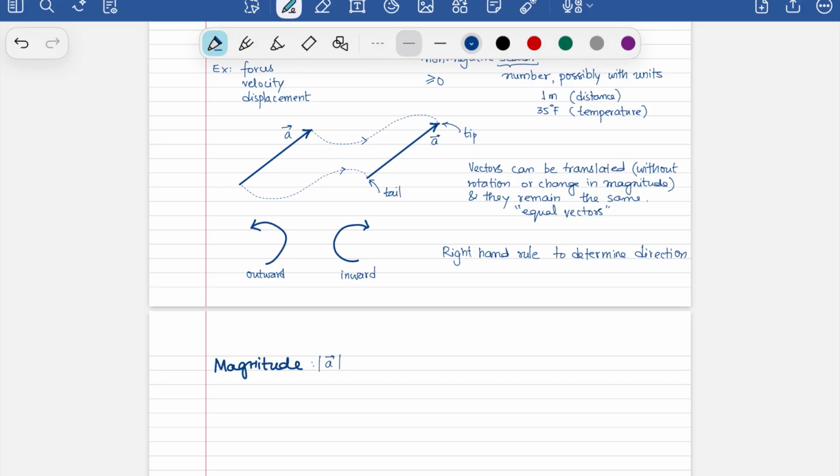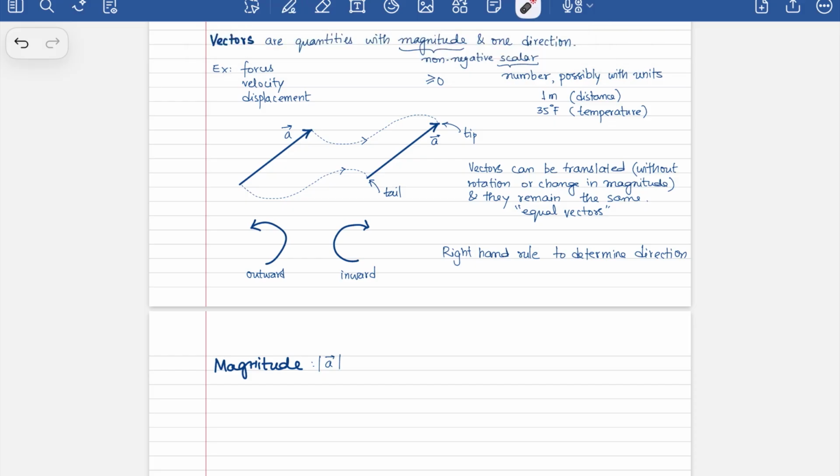And that gives you a sense of the magnitude of this vector, which is like how much of a distance or how much of a magnitude of force is being conveyed by the vector. What about the direction?